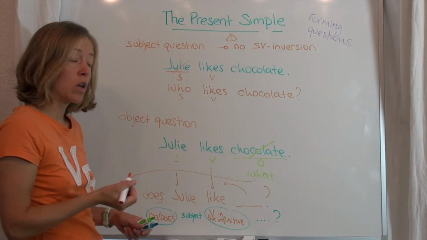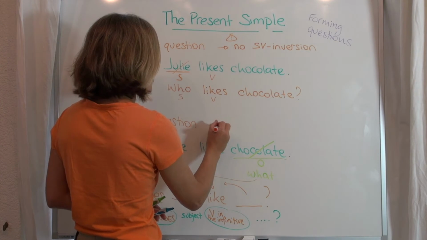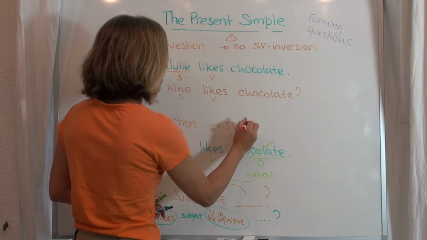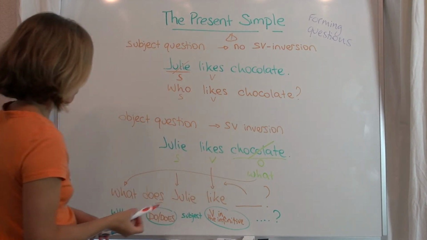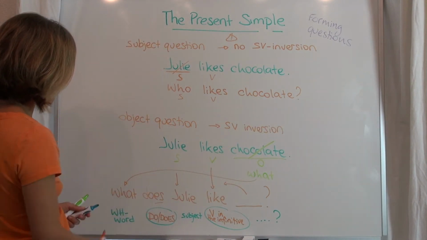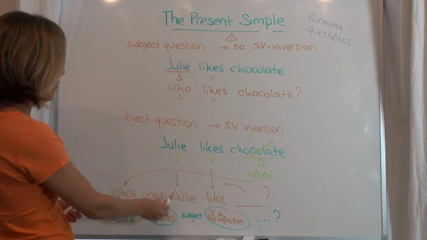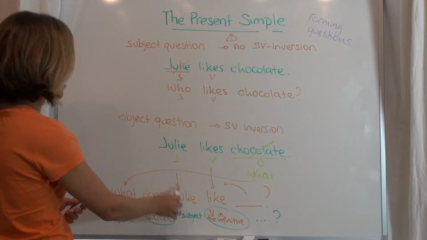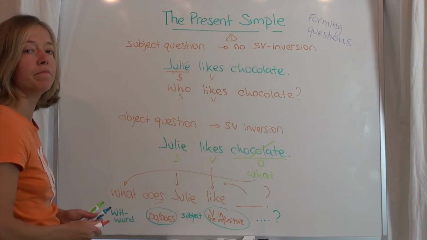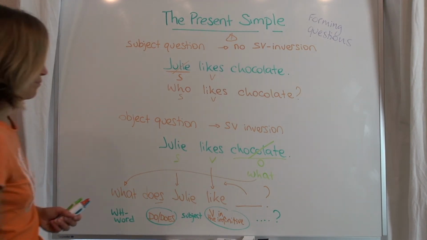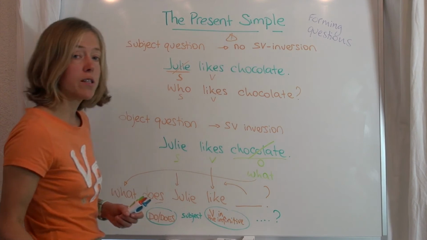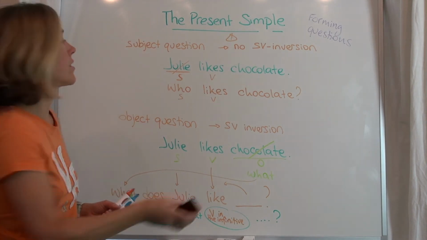And in an object question, there's always a subject-verb inversion. See, the inflection comes before the verb. There's the subject there and something before. Okay. So let me erase this and let's look at another sentence.